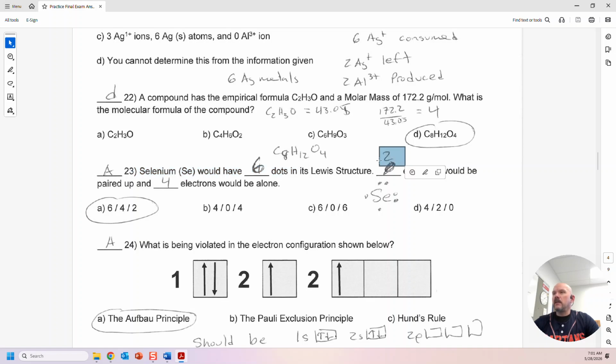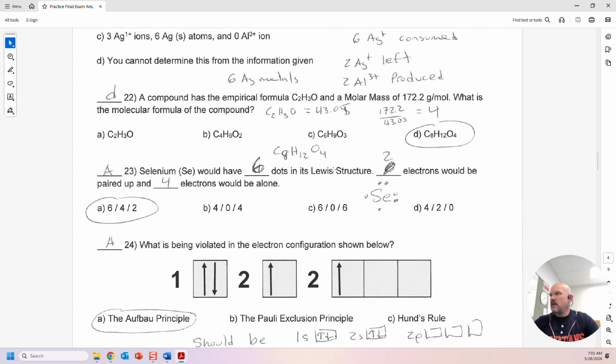I have this switched, so sorry, the key's wrong. It should be 4 electrons are paired and 2 electrons would be alone. So this is what it would look like. Hold on, did I read that wrong?